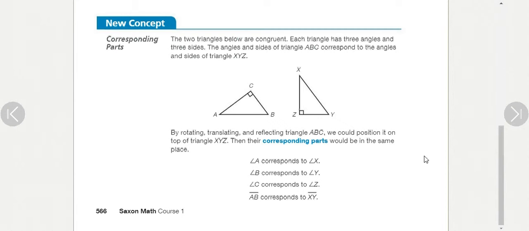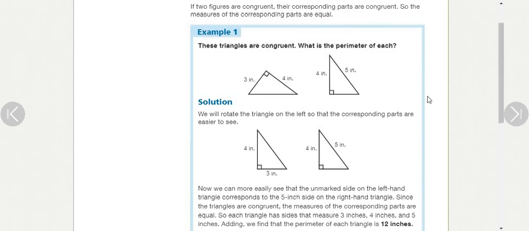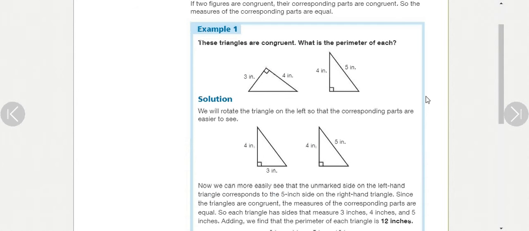But that might not always be obvious because they're sitting differently. You might want to say that ZY matches with AB because they're the ones on the ground. But we're trying to match up corresponding parts that are the same size. In two figures that are congruent, their corresponding parts are congruent. So the measures of the corresponding parts that are congruent are equal.